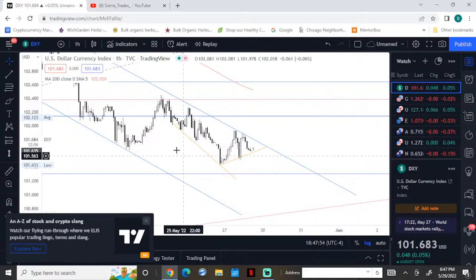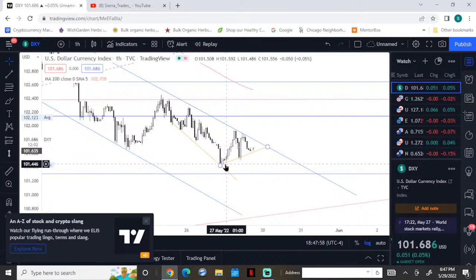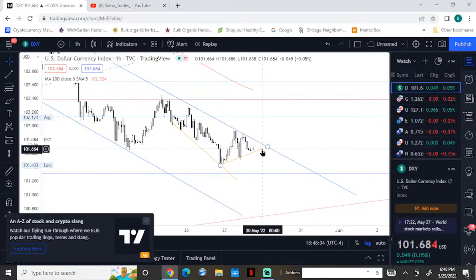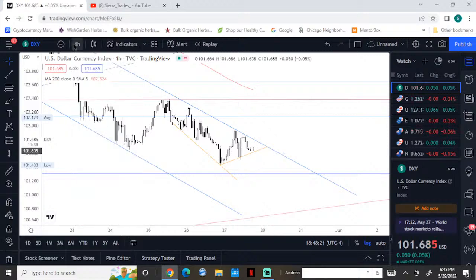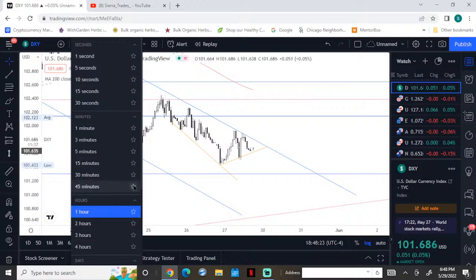So currently within this channel, we also have another downtrend channel and it's got a wedge right here. So I can see price break out and retest this and fall, or break out and retest this zone and buy, but I'm still looking for the dollar to fall based on my fib.